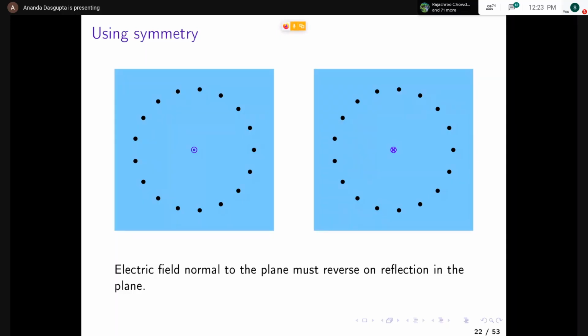So it has to stay the same yet reverse. That would mean that it has to be zero, because the only thing which can reverse and yet stay the same must be zero. So that is our argument. We have managed to prove something which we all knew: the electric field at the center of a regular polygon with charges at every vertex must be zero.